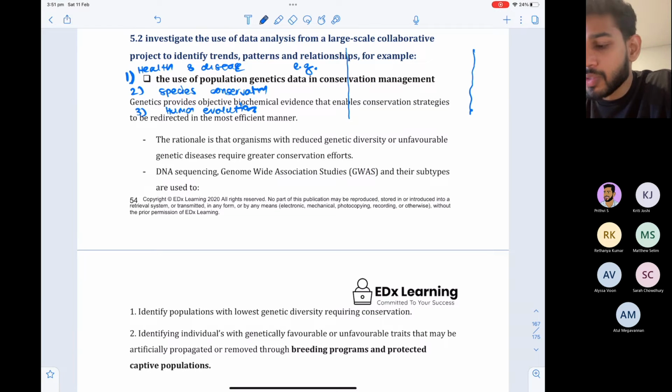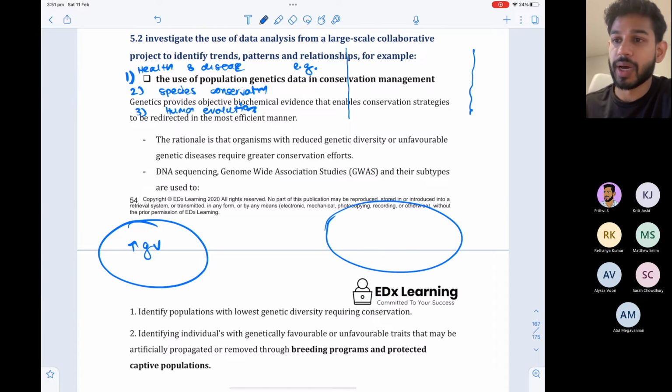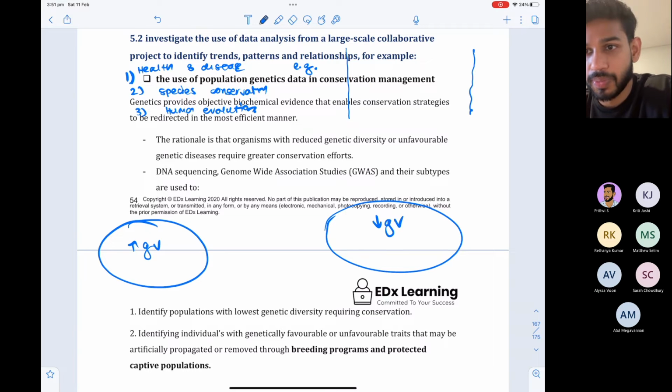Now, Ruthania, would you be more worried about a population that has a high amount of genetic variation, or would you be worried about another subpopulation of a species that has very little to no genetic variation? I'll be worried for the low genetic variation. Good. And Matthew, why would Ruthania be worried about a species with low genetic variation?